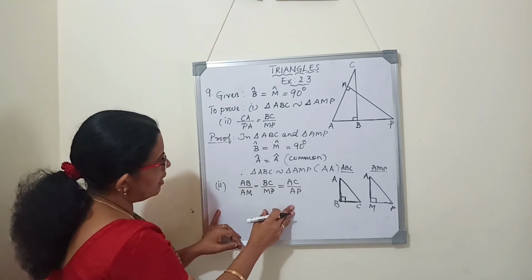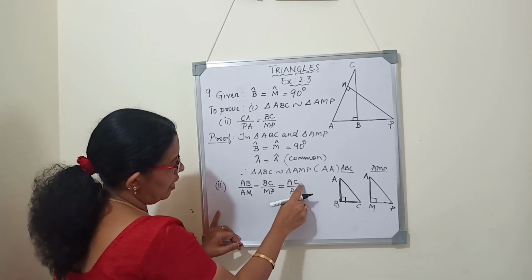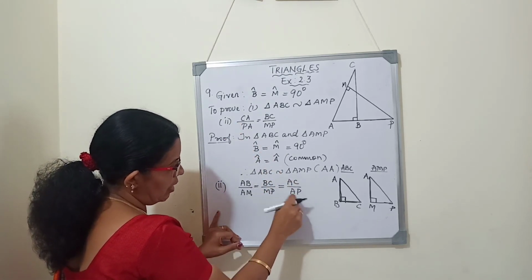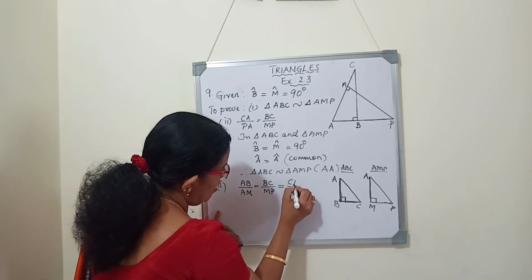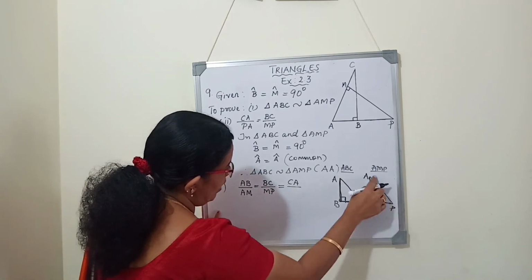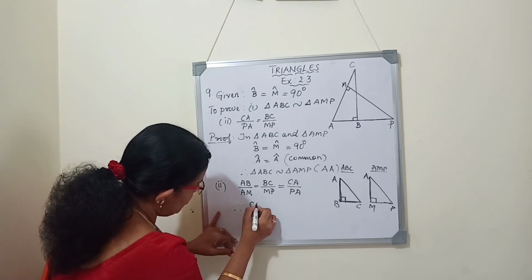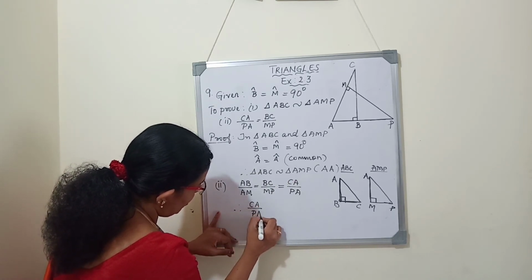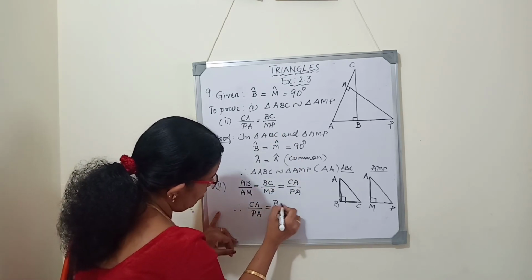Now after writing this, you see what we wanted to prove. CA by PA. See here, CA by PA is nothing but AC by AP. So from this we can write, therefore, CA by PA is equal to BC by MP.